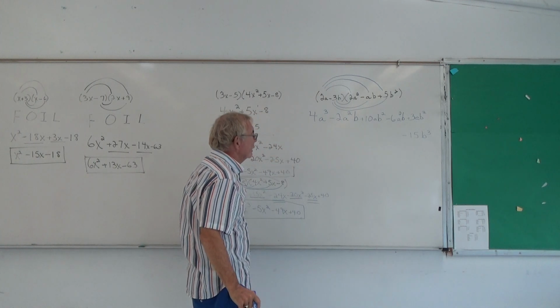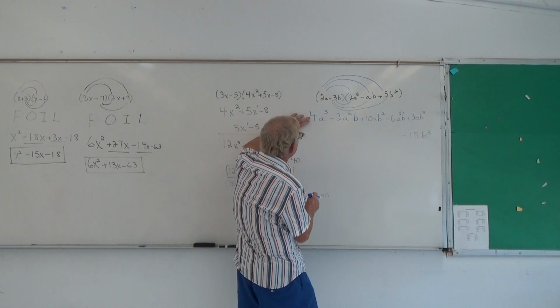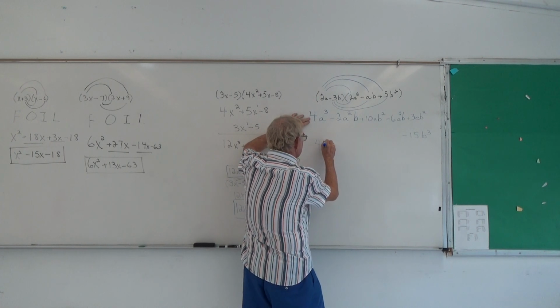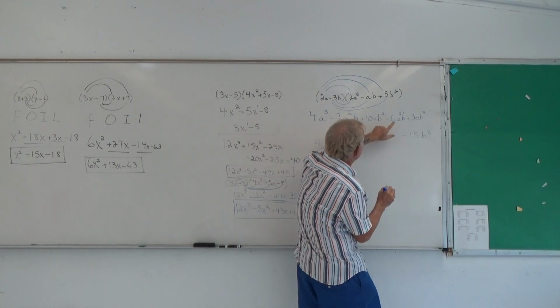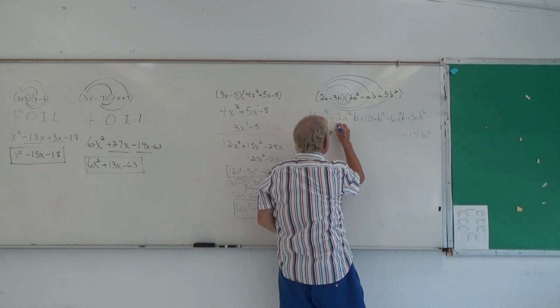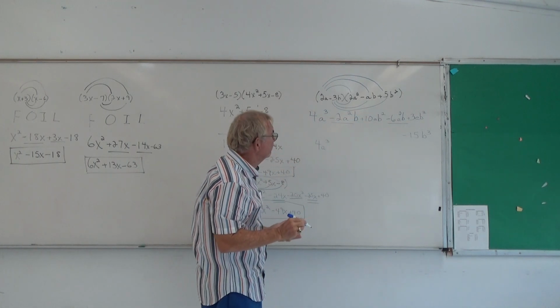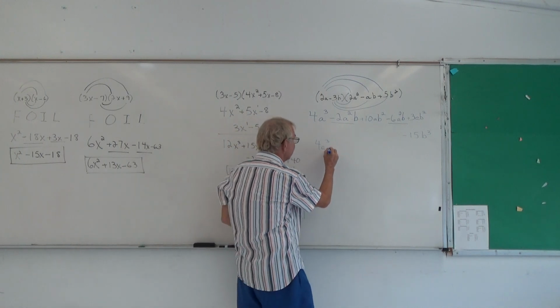Now let's look for like terms. We have one cubed term right here, a cubed, 4a cubed. Now let's look for the a squared b's. There's one, these two. So you have a -2 of them and a -6 of them, which combines to -8.